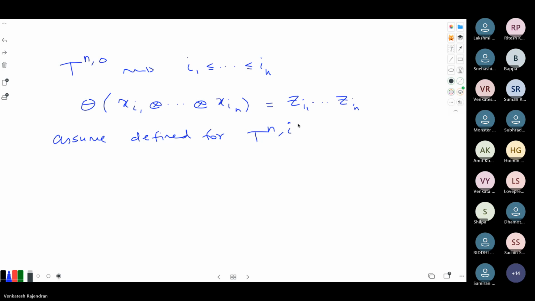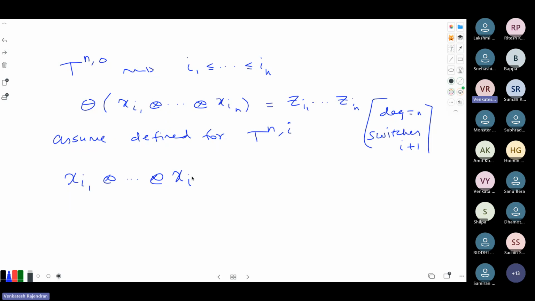So if you take this element xi1 tensor etc. that has i+1 switches, and the degree is again n, you can choose the very first place where the switching is happening. It's the same idea. So you see where the first switch is happening.